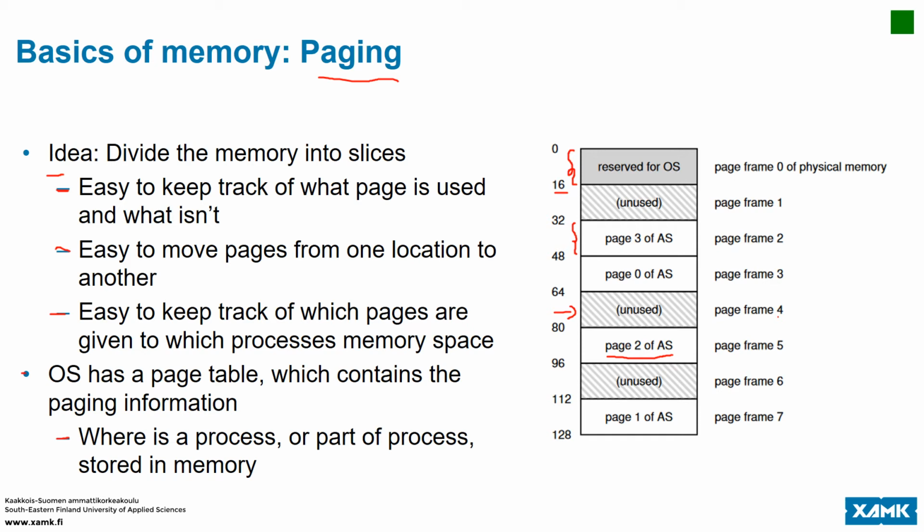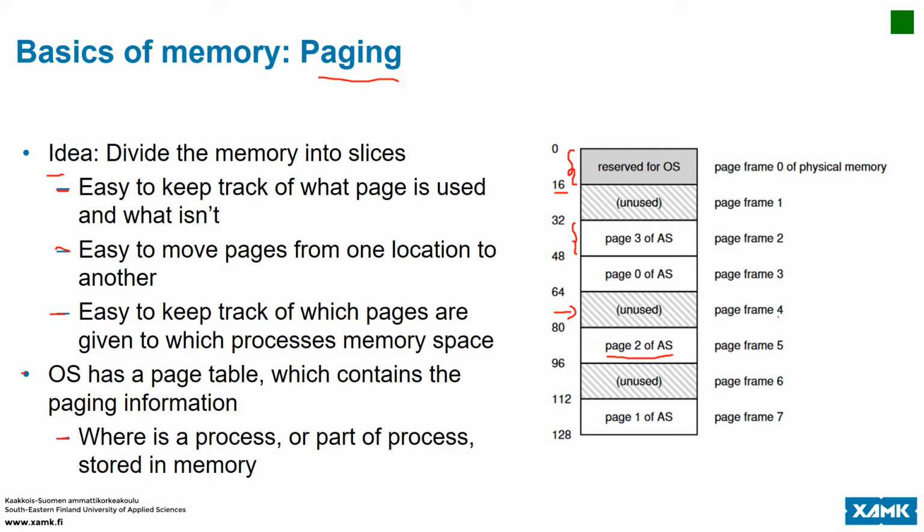So for example, here on the right, there is a page frame number 0 here, and it's exactly 16 bits or 16 bytes long, whatever, depends a little on what the page frame size here is. And all of the other page frames are exactly the same size as well. So this is what we mean by slicing the memory into pages.